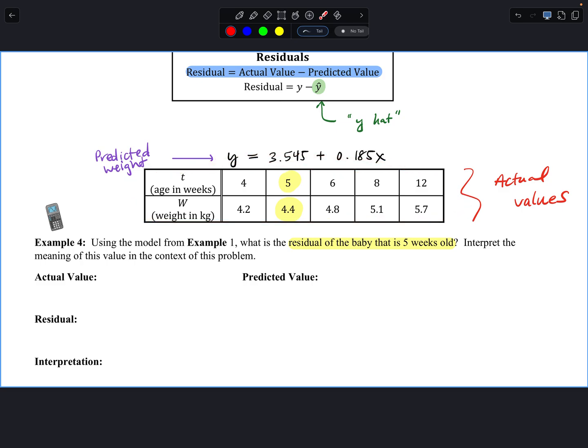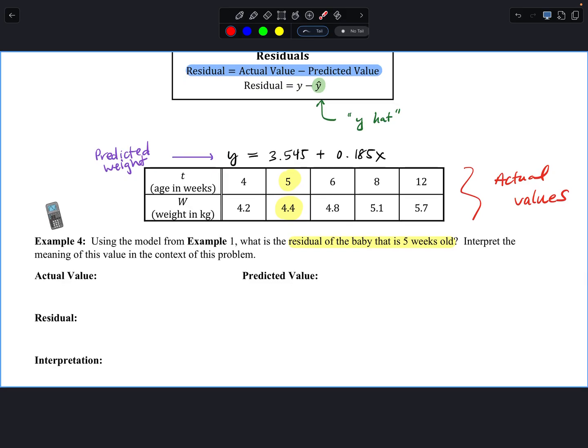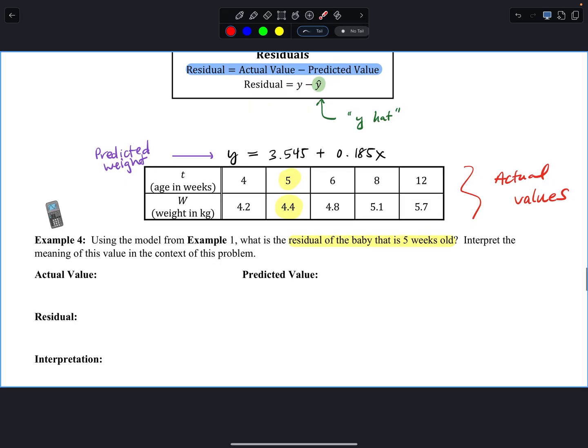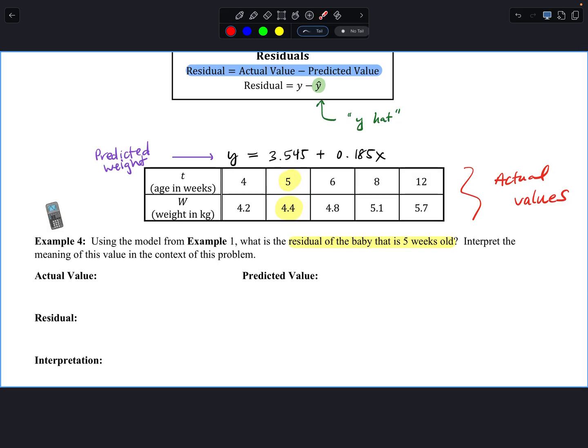So what it's asking is to calculate the residual. The residual is actual minus predicted. So according to the table at 5 weeks old, what was the weight of the baby? 4.4. So it was 4.4.